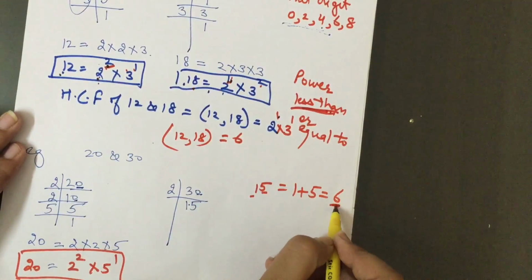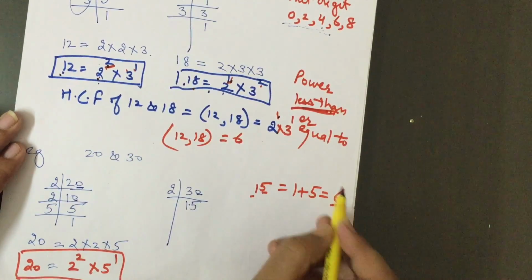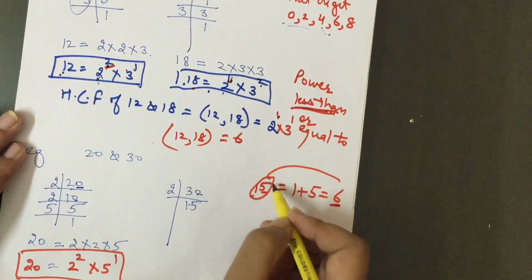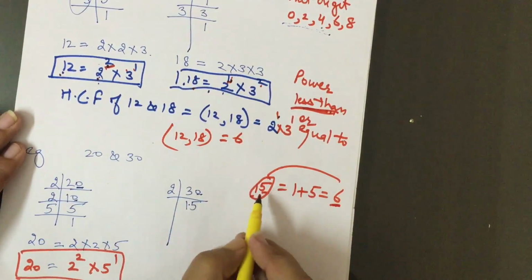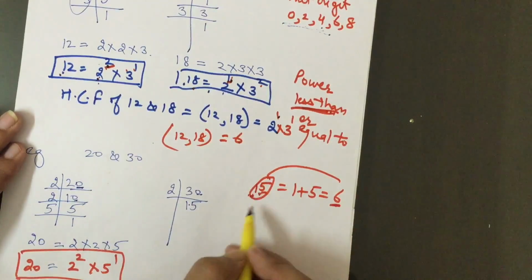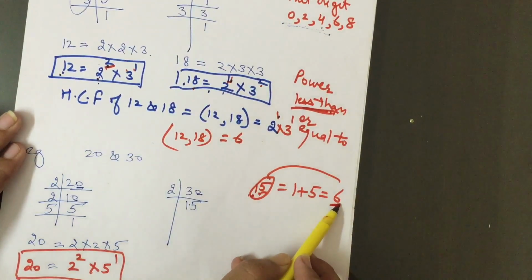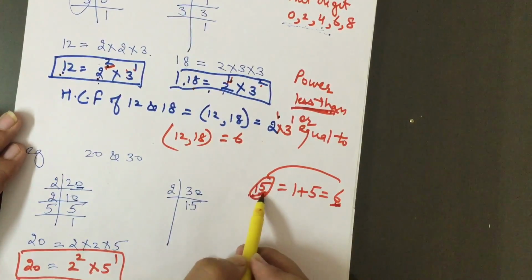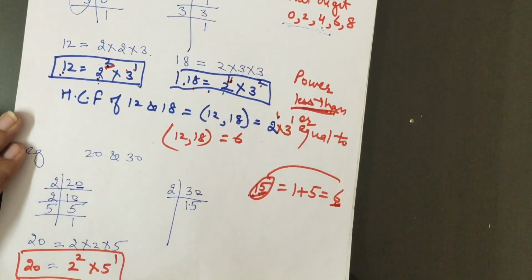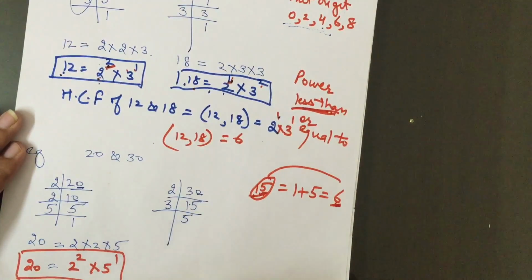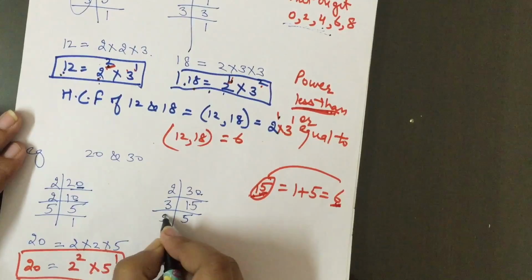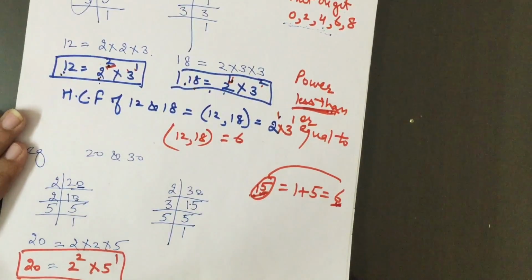If the resultant is divisible by 3, then the original number is also divisible by 3. Here 6 is divisible by 3, so the original number 15 is also divisible by 3. So we put 3 and we get the answer 5. 5 is divisible by 5, and we get the answer 1.